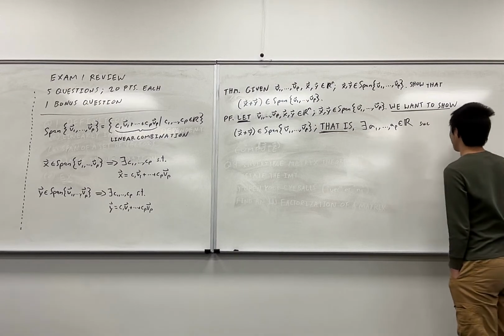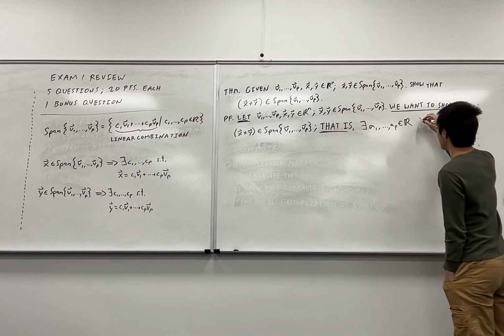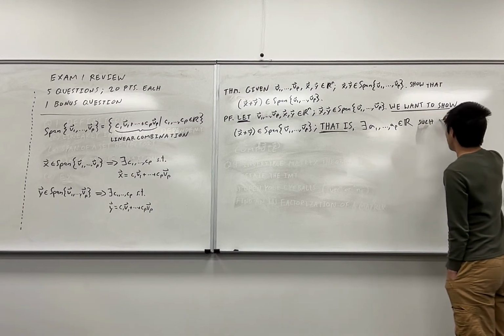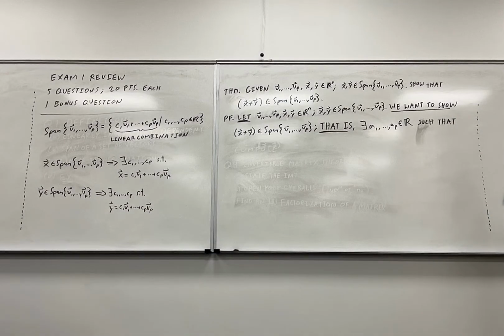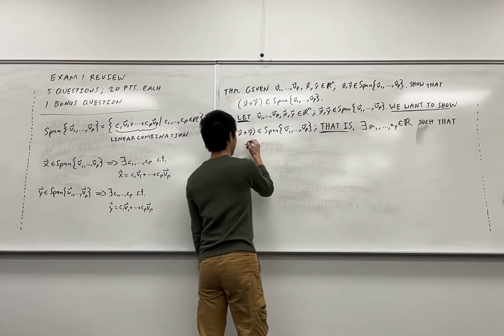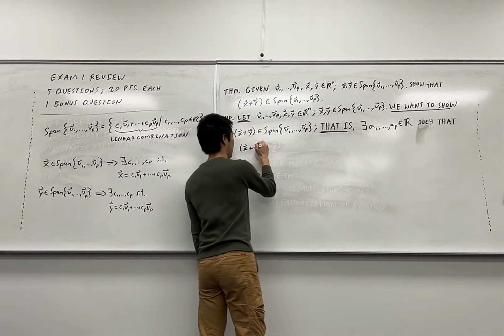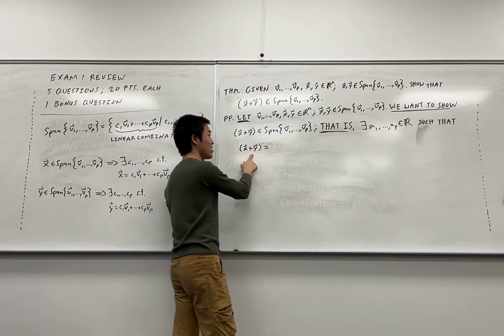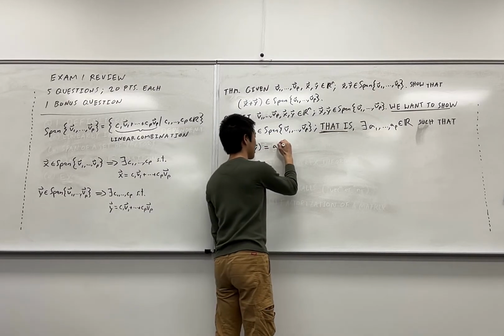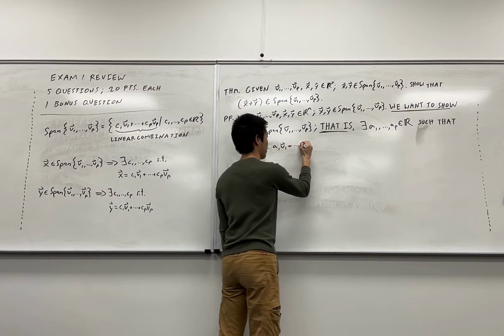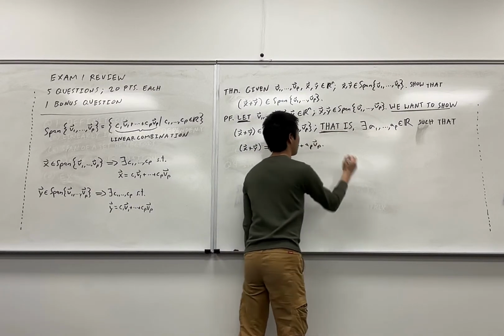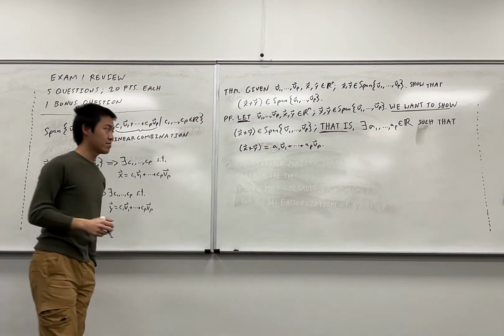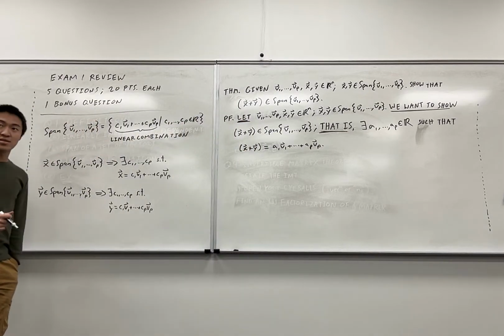such that x plus y equals the linear combination. I can express this vector as a linear combination of those vectors. Does this so far make sense?